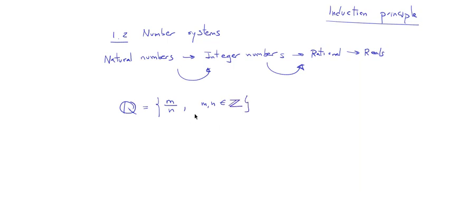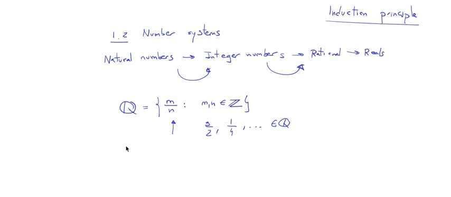And we write it like this. So the way we read this is that the rationals are the set that contains every number that has this form, m over n, such that this m and this n are integer numbers. So 3 over 2, 1 over 4, and so on and so forth. All of them are rational numbers.